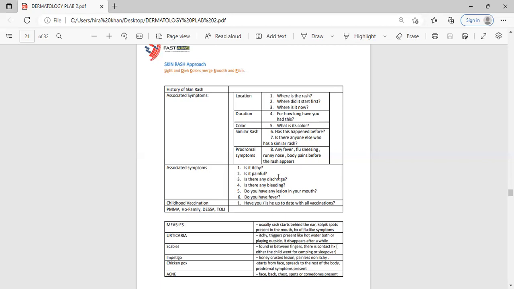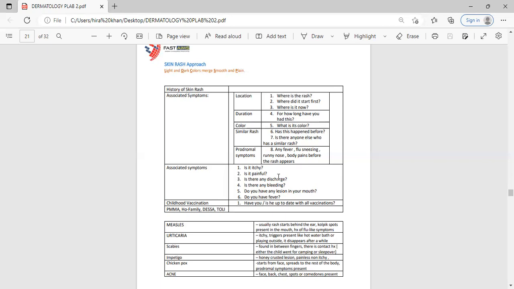Okay, so ask about the prodromal symptoms, like have you had any fever, flu, sneezing, or runny nose before the rash appeared? And then ask about the associated symptoms. Is it itchy? Is it painful? Is there any discharge, any bleeding? Have you noticed any lesion in your mouth? Very important here. And do you have a fever? And then the childhood vaccination, very important, people, because for measles, the childhood vaccination is a very important history.